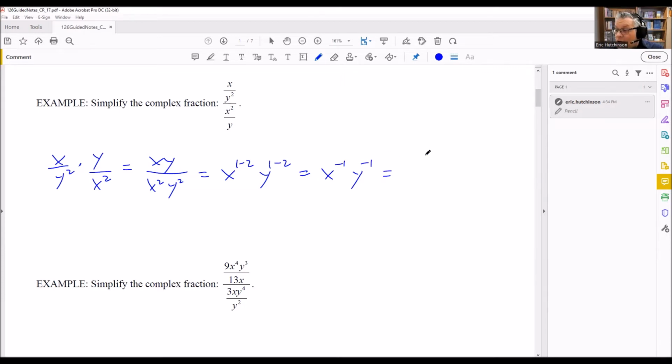So if you move them below this division bar, both of these are going to become positive. And so you're going to have 1 over xy. It's kind of the same thing as doing 1 over x times 1 over y, and then you'll get 1 over xy. I just put both of them down at the bottom at the same time. So you want to write these again as positive exponents.